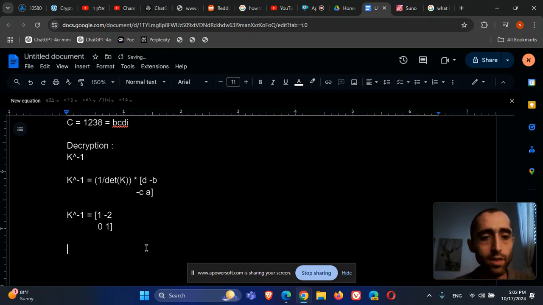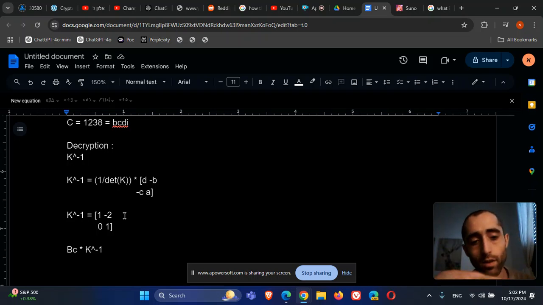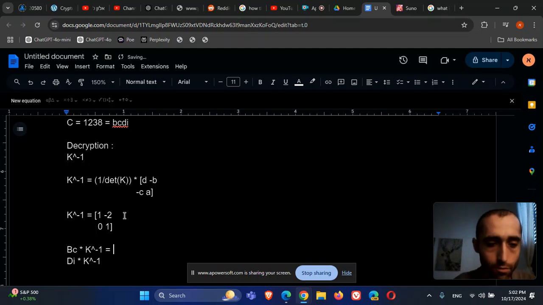So now I will take my ciphertext and decrypt it. I will convert it to the plain text again. So I'll take BC and multiply by K to the power of minus 1, and I should get the plain text. If not, then I made a mistake in the calculations. Sorry, it won't be so nice, but I wish you will get the idea. Now let's calculate and see if it worked or not.